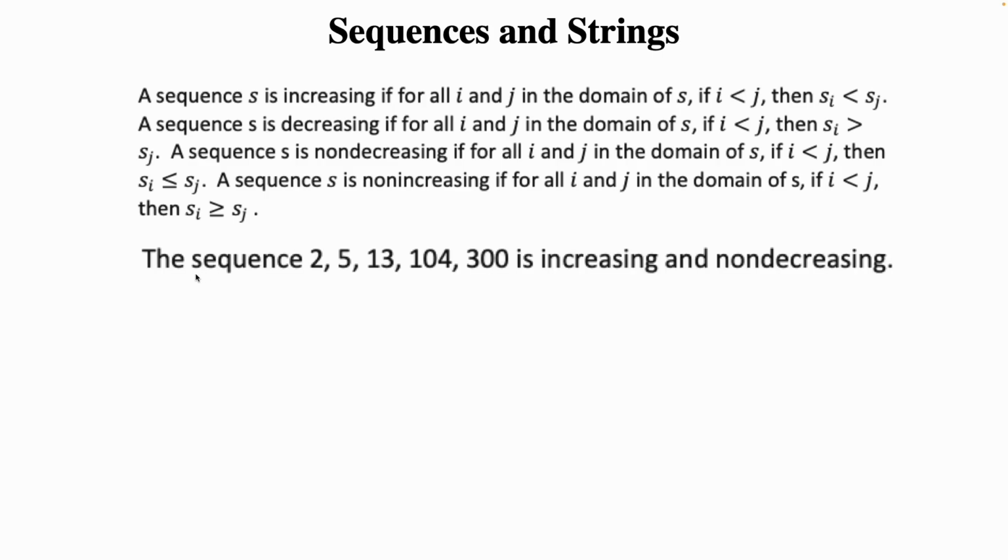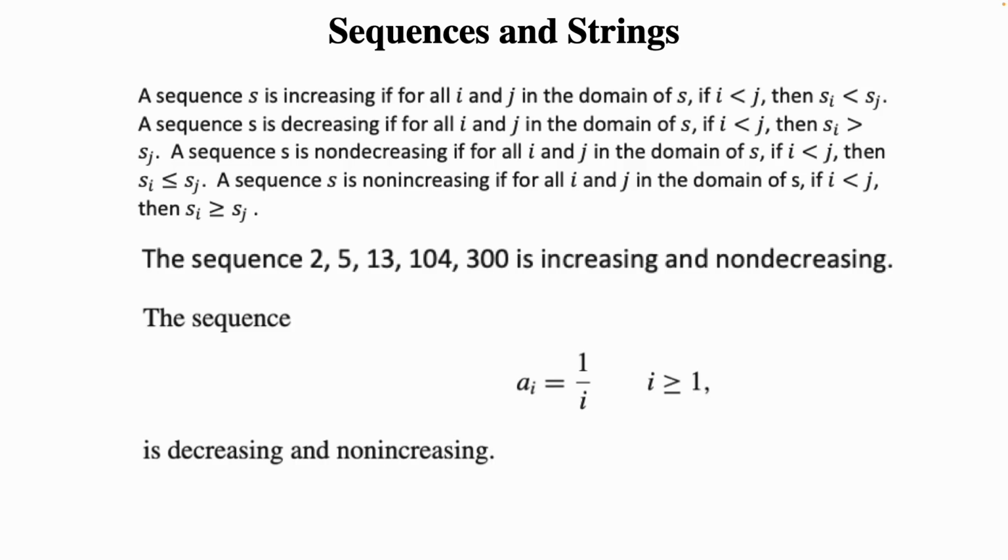Okay. So here's a sequence, 2, 5, 13, 104, and 300, which is increasing and non-decreasing. Okay. The sequence a_i = 1 over i, for i greater than or equal to 1, is decreasing and non-increasing. Okay.